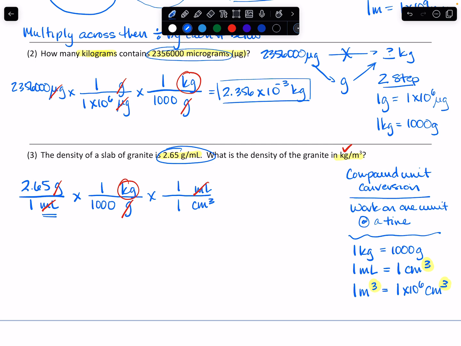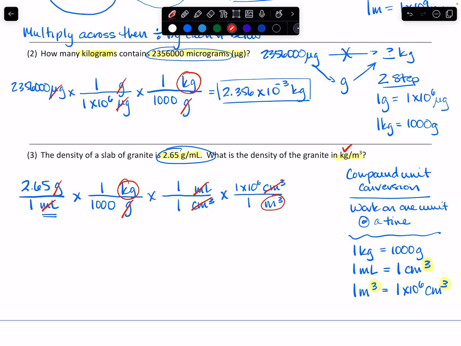But that centimeter cubed is not the unit the problem asked for, so I need to do one more step. This time centimeter cubed up top, and I'm going to meters cubed, so that's in the bottom. And I know that 1 times 10 to the 6th centimeters cubed is equal to 1 meter cubed. All right, and I check the centimeters up top cancels the centimeters on the bottom, leaving the meter cubed.